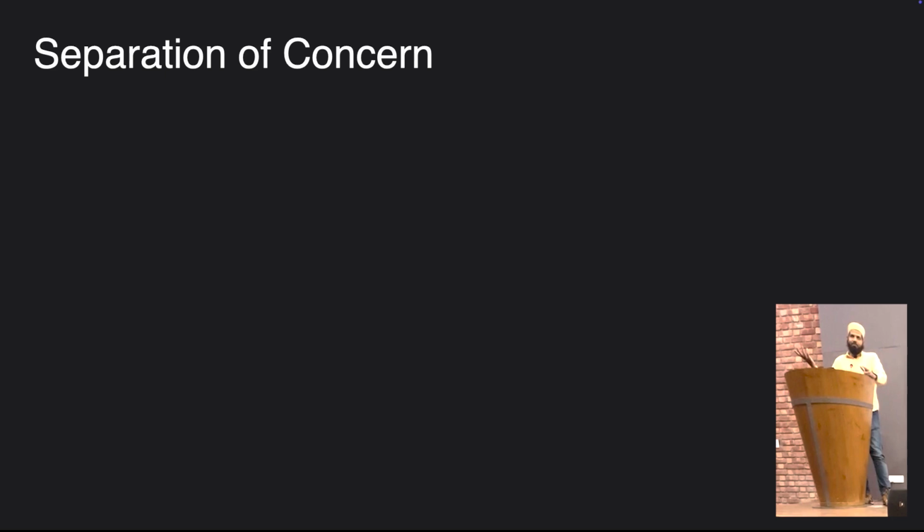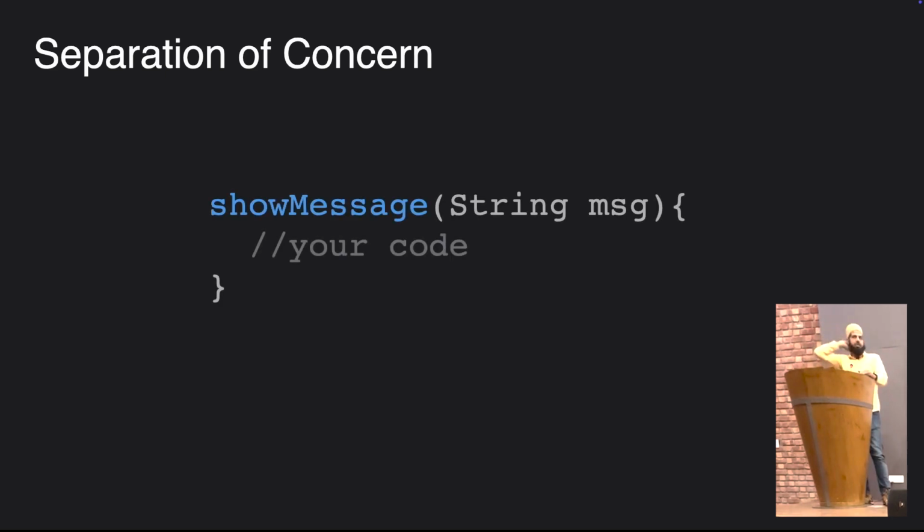So this is a method called showMessage, right? It takes a string as a parameter and shows the message to the user. Now this is a simple method, right? And your project manager or anyone above your role comes up and says that we want to also show an error message as well, right? Now what will you do? Any suggestion?